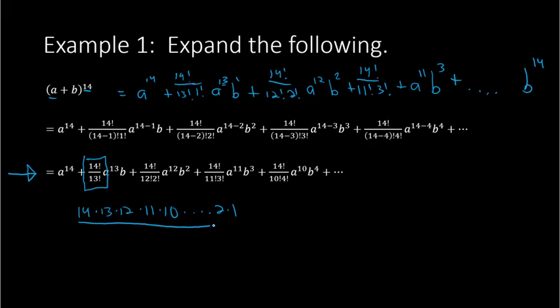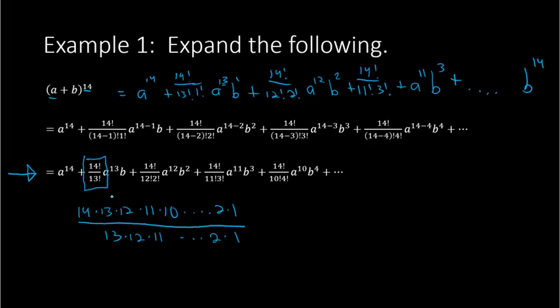And then same thing for 13 factorial. We have 13 times 12 times 11, and that keeps going all the way down to 2 times 1. All right, so that is what factorial means.